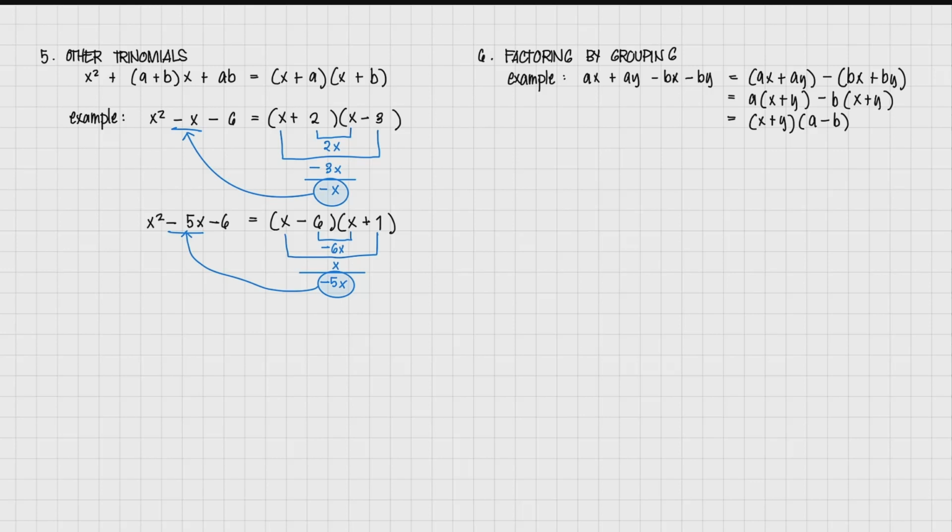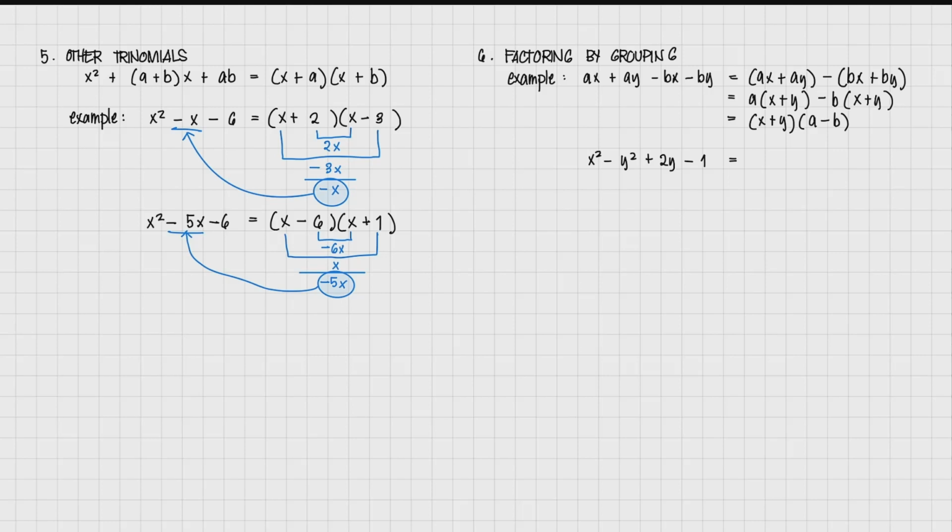So maybe another example. We have here x squared minus y squared plus 2y minus 1. Alright, so what can we do here? Maybe let's separate x squared. Then let's consider the rest as our trinomial.